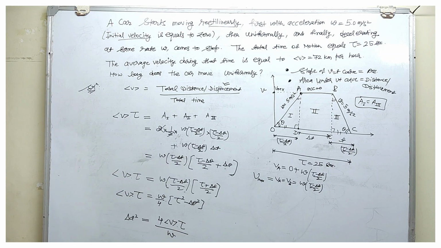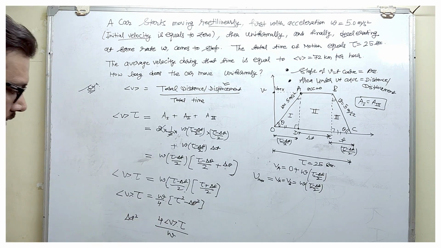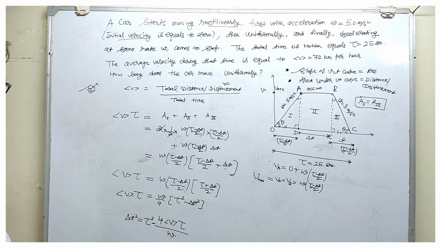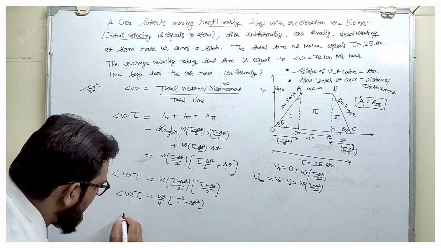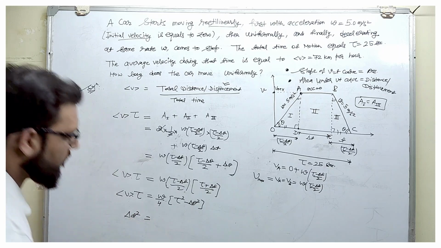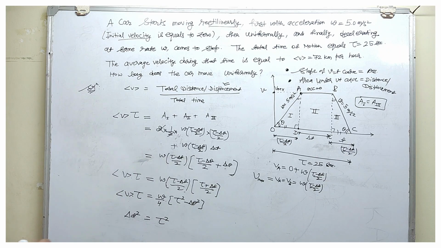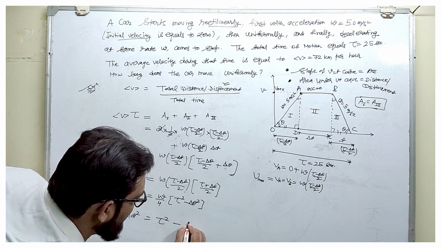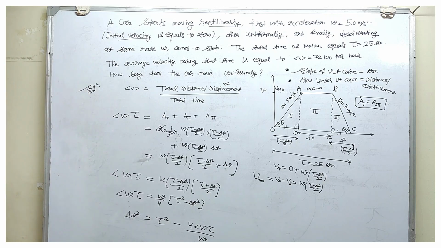Sorry, guys, here delta t square, here tau square, minus. Or we can say, sorry, once again, delta t square is equal to tau square minus 4 average velocity into total time upon omega, the acceleration.